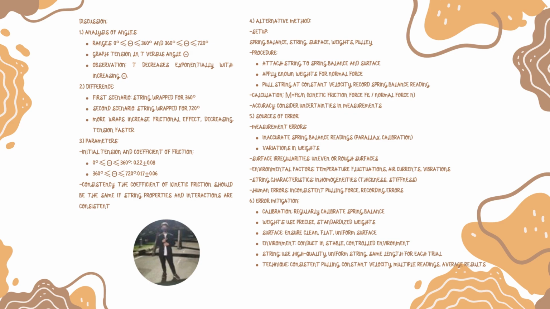Common sources of error include measurement errors, e.g., inaccurate spring balance readings due to parallax or calibration issues, variations in the weights used to create the normal force, surface irregularities, e.g., uneven, rough surfaces, environmental factors, e.g., temperature fluctuations, air currents, vibrations, string characteristics, e.g., inhomogeneities in thickness or stiffness, and human errors, e.g., inconsistent pulling force, recording errors.